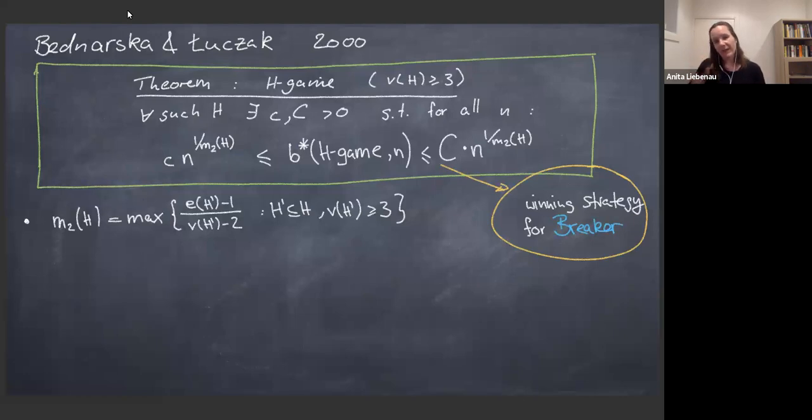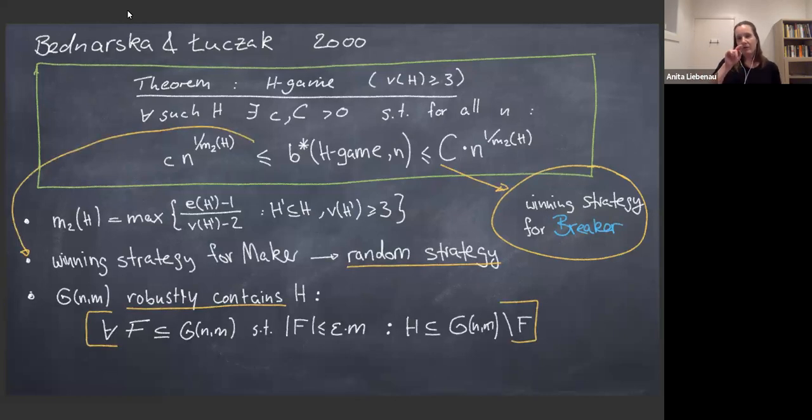But what was really striking was their strategy for maker. So for the lower bound, for bias of the order c times n to the 1 over m2(H), with small c, you have to give a strategy that is a winning strategy for maker, so that maker at the end of the game occupies a copy of H.